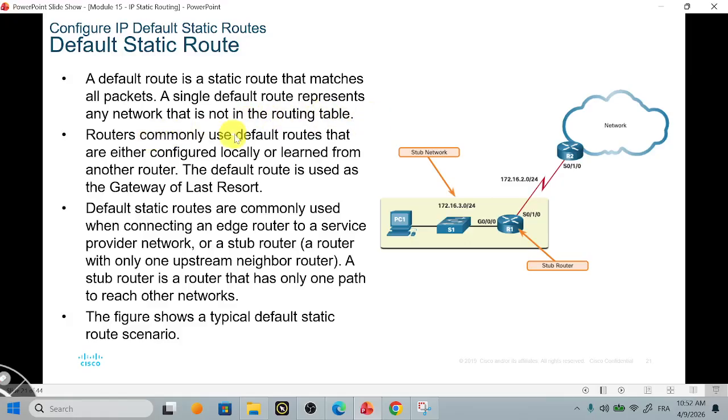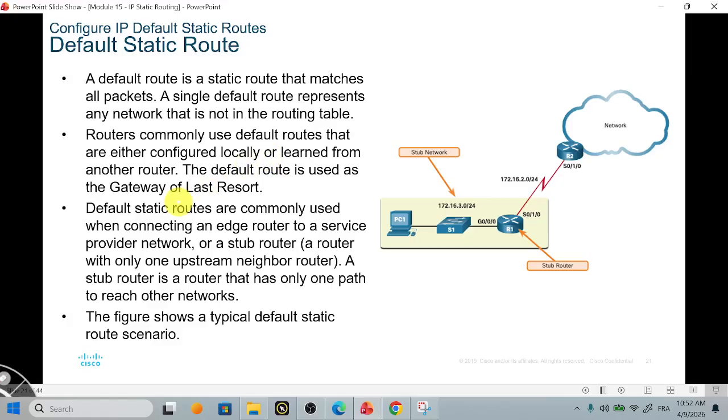Routers commonly use default routes that are either configured locally, where you add them yourself, or learned from another router using routing advertisements, which keeps your routing table updated.